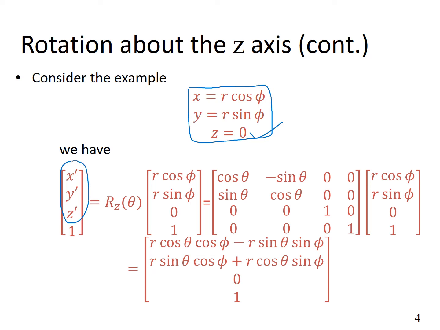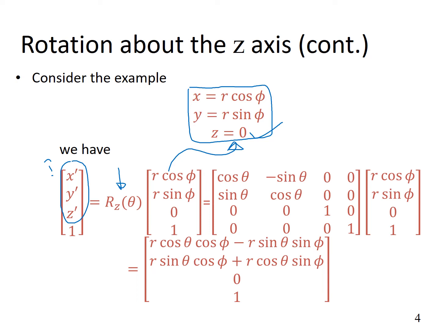So we still calculate z dash even though we are performing rotation about the z-axis, as we know that z is going to be equal to the previous z location, which is 0, but still. So this is our rotation matrix, and this is basically the current location of the point, and we want to find out the new location of the point after this rotation matrix has been applied.